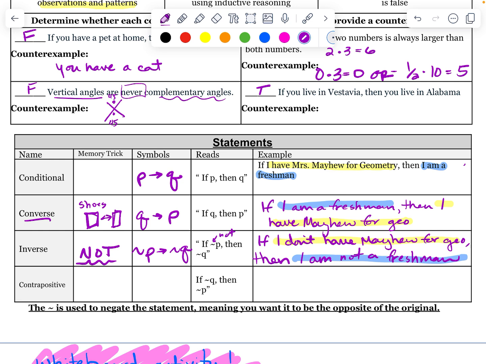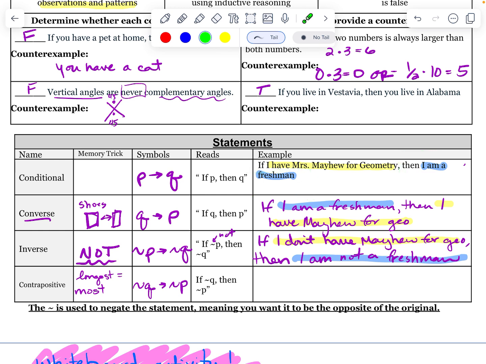And then the contrapositive, it is the longest word, so you have to do the most to it. You have to both not it and flip it. So it is read, if not Q, then not P. If you take your conditional, if I have Miss Mayhew for geometry, instead of going first, that's going to have to go second. It's also going to say if I don't have Miss Mayhew. So what's going to go first is this one.